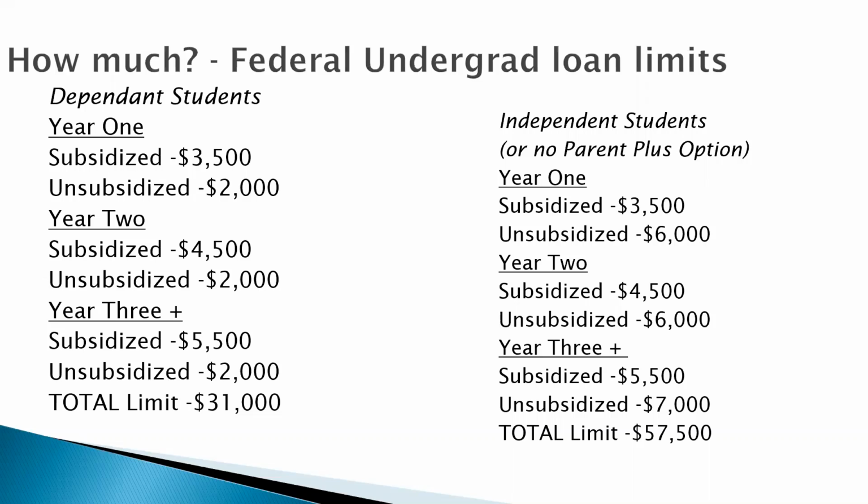So what you would do if that does actually happen, that you're declined those ParentPLUS loans because of credit, or if you know you'll be declined the ParentPLUS loans because of credit, I would recommend that you apply and then appeal, because then what happens is they bump your student's offering up. However, also be very careful with that, because you don't want your student taking out more loans than they can handle. So just to be clear on that one. And then the total amount there for independent students for undergrad is $57,500.